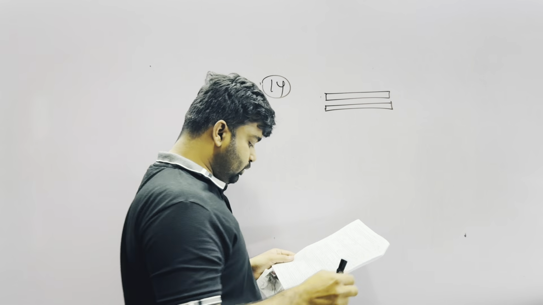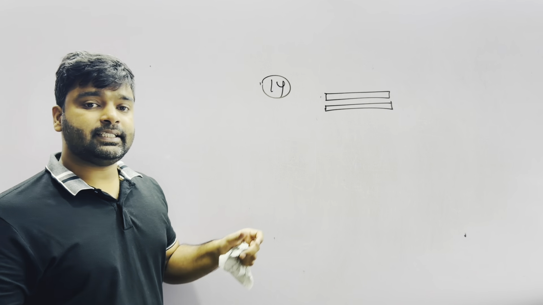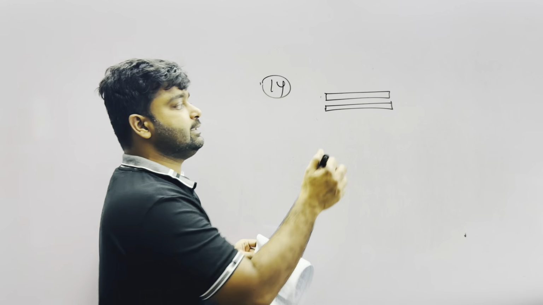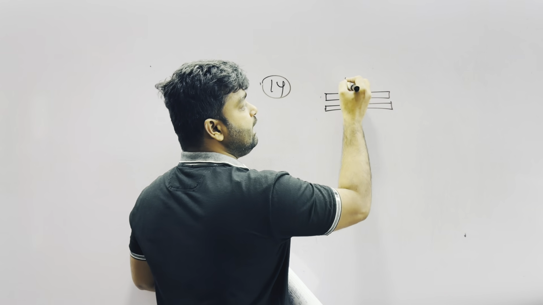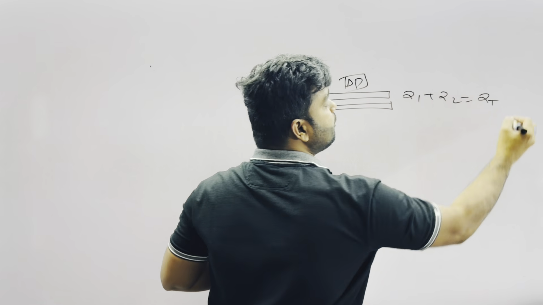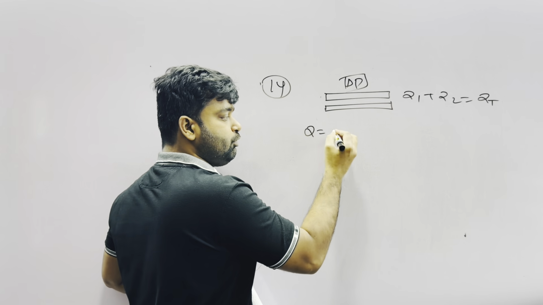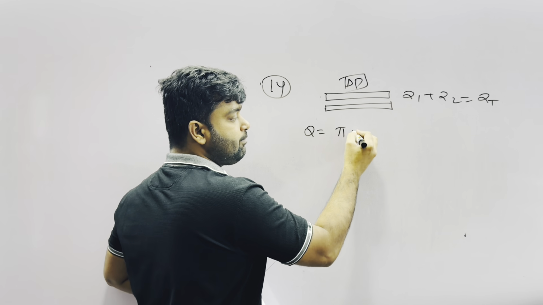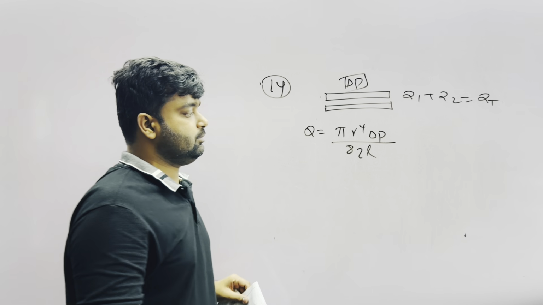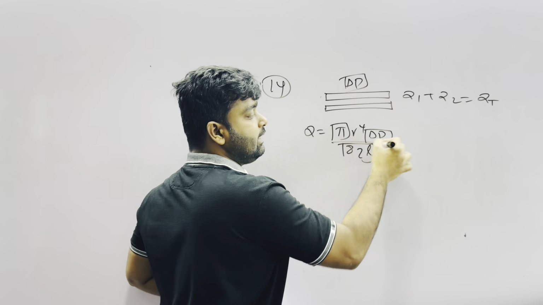Fluid flowing through two capillary tubes in parallel connection. You know, in series connection, the flow rate will be the same and the pressure difference will be added. In parallel connection, the pressure difference will be the same and the flow rate will be added. The total flow rate is the sum of the flow rate through each pipe. We know the equation for the flow rate: Q is equal to pi r to the 4 delta P over 8 eta L. Here everything is constant except the radius.